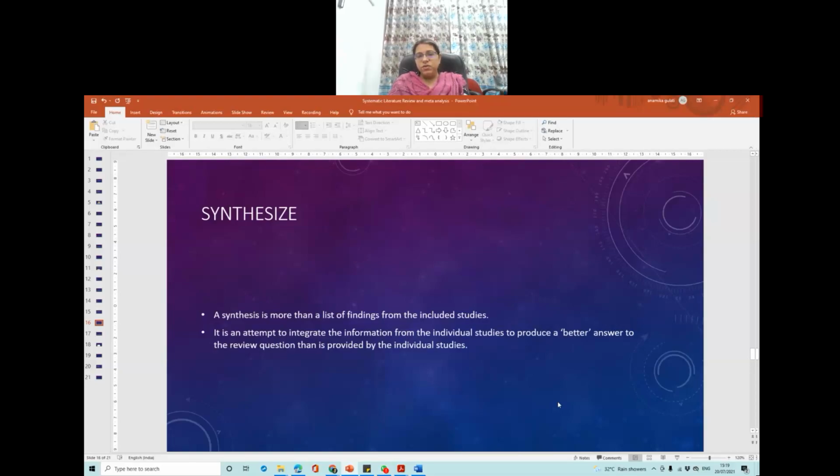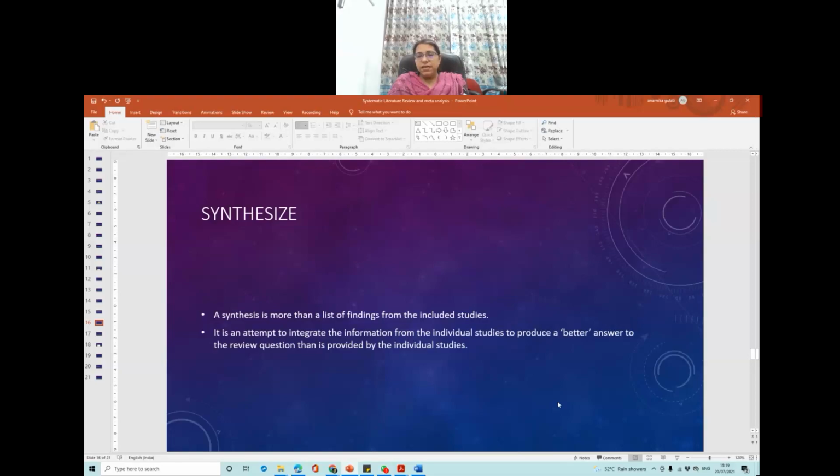So it is an attempt to integrate the information from individual studies to produce a better answer to the review question than is provided by the individual studies. In case of a systematic literature review, this is the ending, where we integrate the information from the individual studies and find the conclusion descriptively.